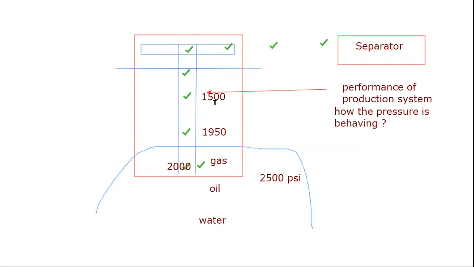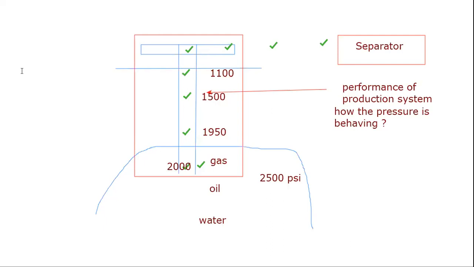The question as a production engineer: why is this happening? And from here probably it is 1100. Severe. So, how is the pressure difference affecting the performance of production, since the pressure difference is natural? Pressure difference is partly natural, and partly because of the restriction you are putting inside.